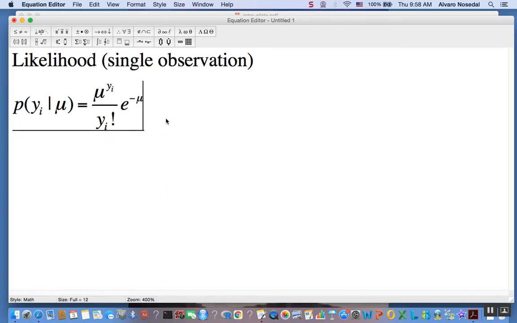This expression will be valid for yi equal to 0, 1, 2, 3, and so on. So that's what the Poisson probability mass function looks like.